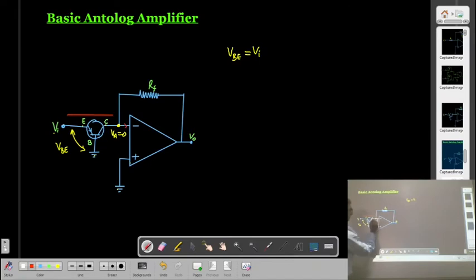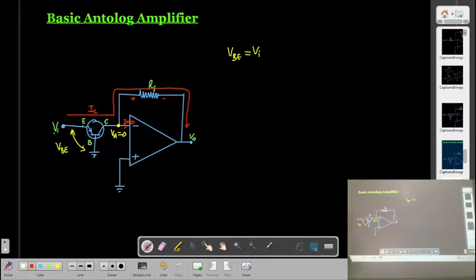Now current into the operational amplifier is 0. So this current will flow in this way. It will pass through the resistance RF. And so this terminal will be positive and this terminal is going to be negative. Correct? So here this current is nothing but the collector current.